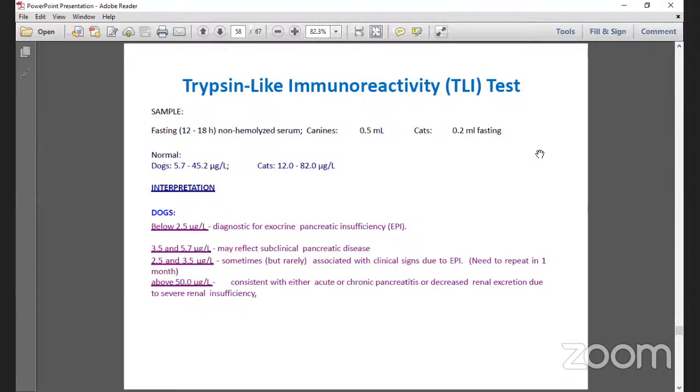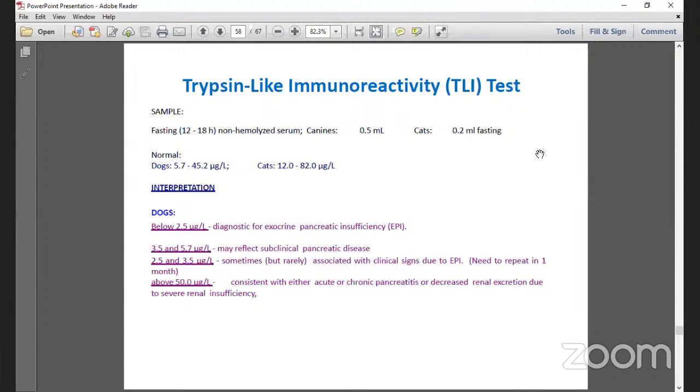The normal dog should have 5.7 to 45.2 micrograms per liter of TLI. When the result is less than 2.5, it is diagnostic for exocrine pancreatic insufficiency, EPI.